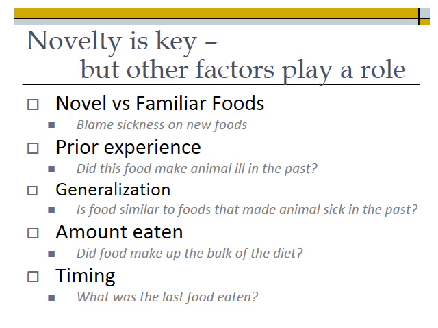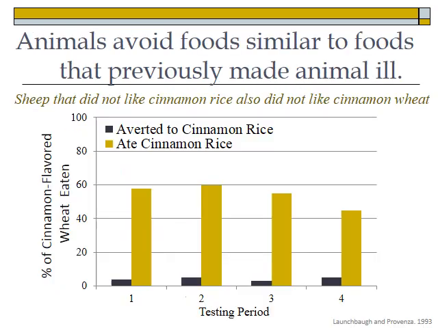Also, whichever food made up the bulk of the diet might be another food that an animal would blame for making them sick. And then finally, what was the last food they ate? They usually blame the food that was eaten most recently before they got sick. So these are all principles by which animals can figure out which food made them ill or made them feel better when they're eating diets of many foods.